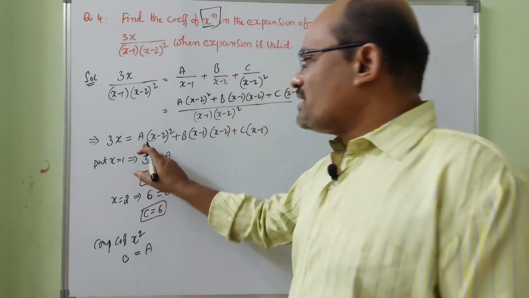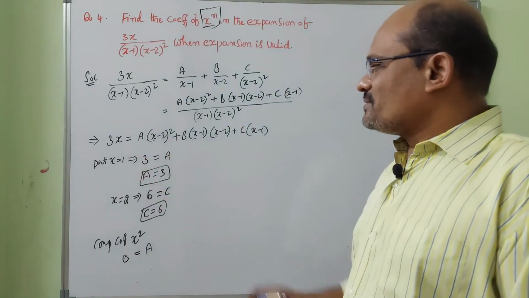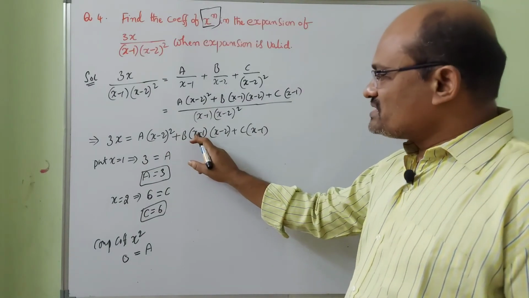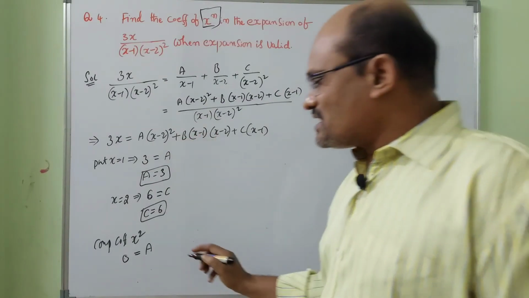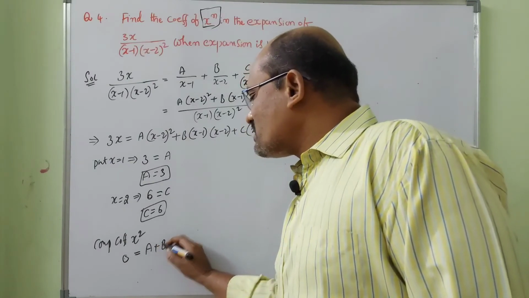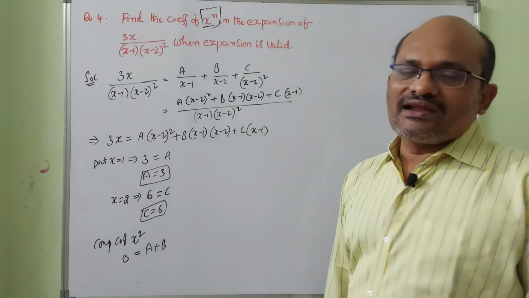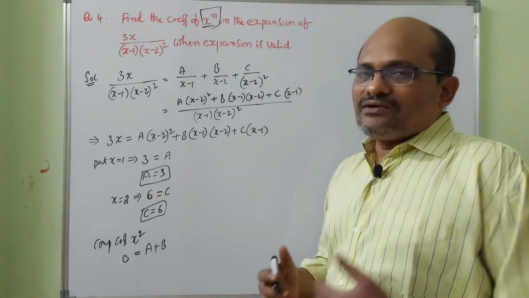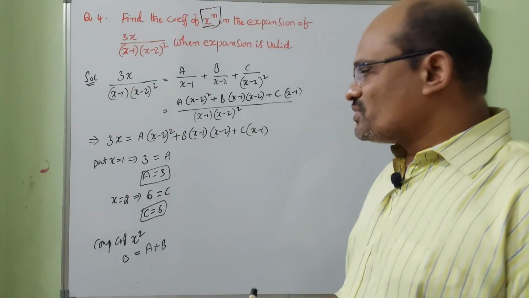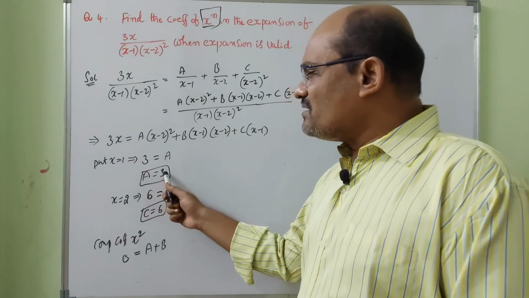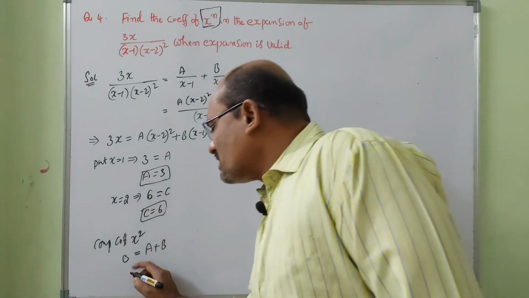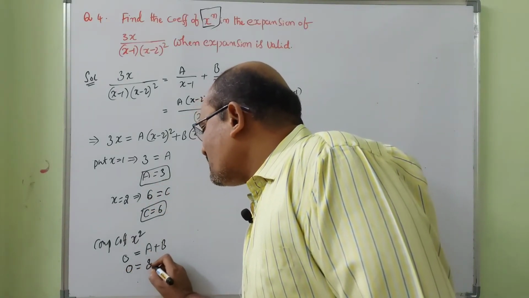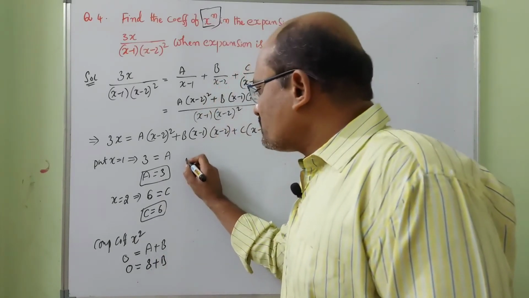So the x square coefficient here is A. Here if you multiply, the first term is x square, B into x square is B x square, so the coefficient of x square is B here. Here you won't find any x square. So A plus B equal to 0 you will get when comparing the coefficient of x square on both sides. We know the value of A as 3. Put the value of A as 3. So what do you get here?